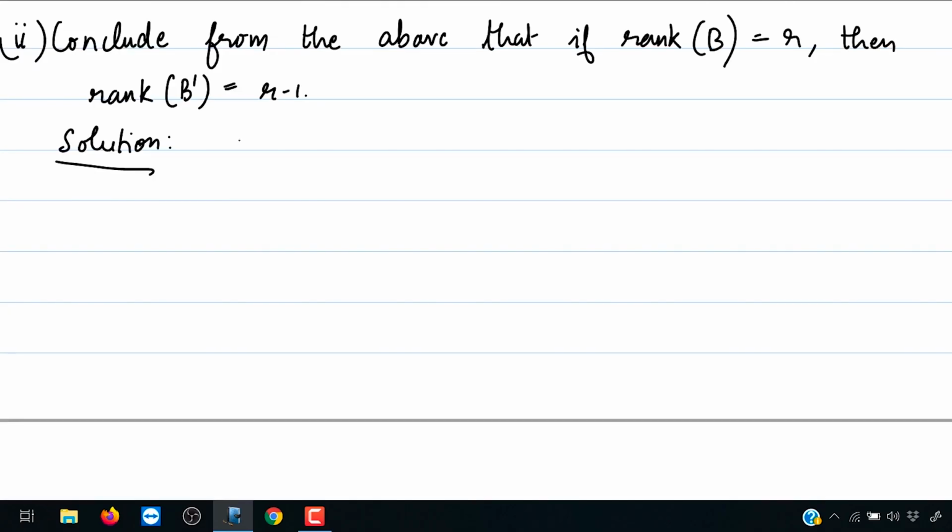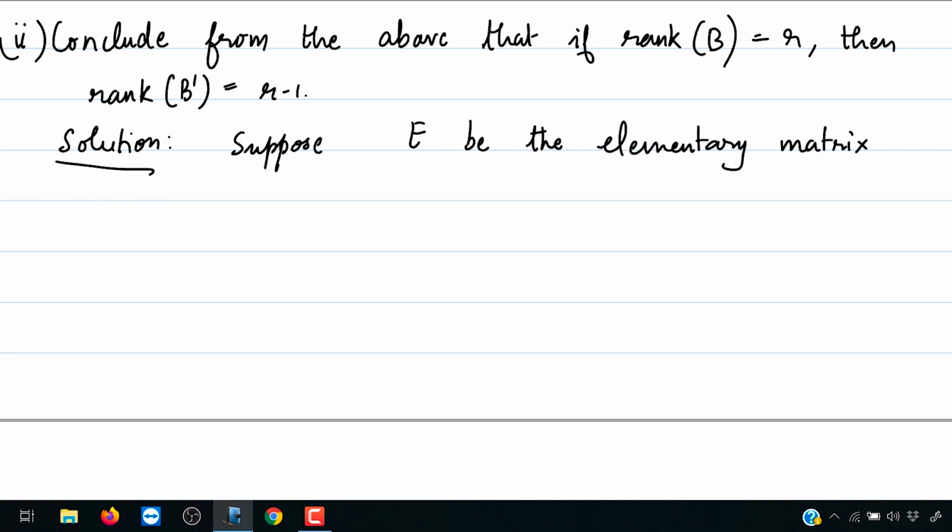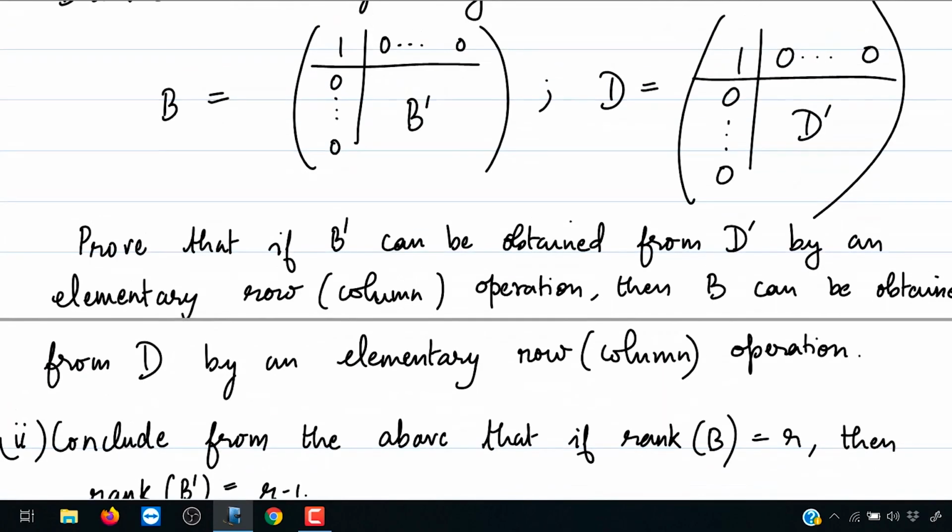So suppose E prime is the elementary matrix, an M cross M elementary matrix, such that E prime D prime is equal to B prime. So that is precisely what the statement says.